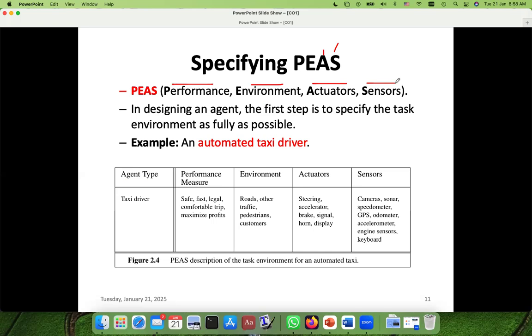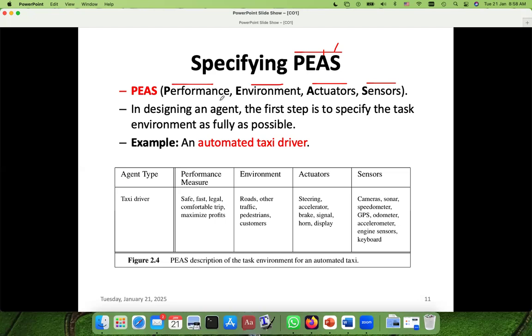Why this topic? The reason is that if you are going to design an agent, then this is the first thing that you have to plan or define on paper.